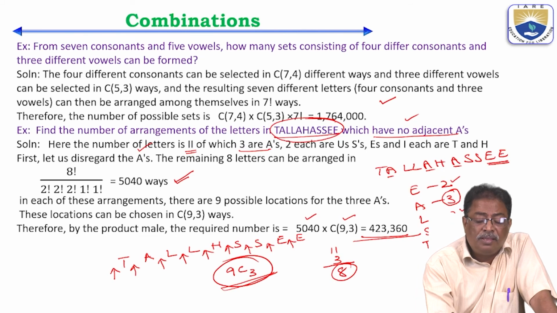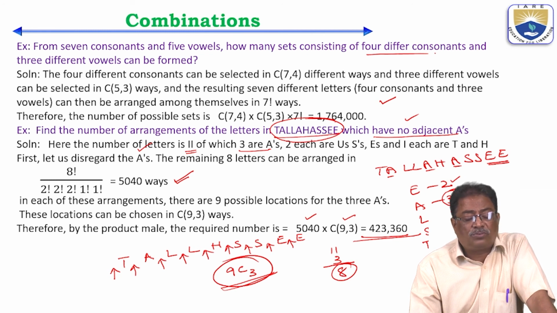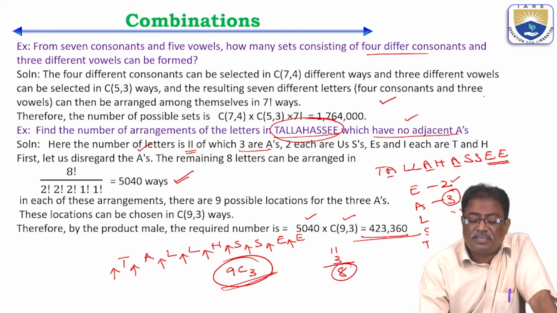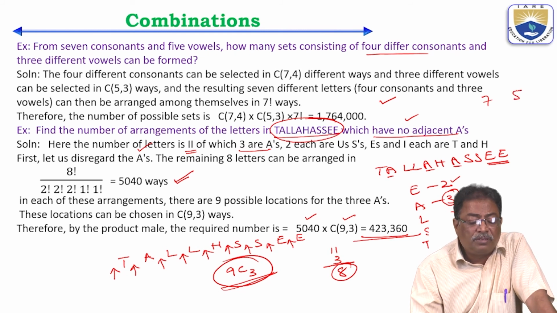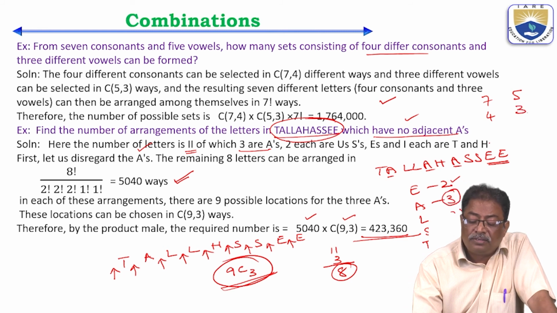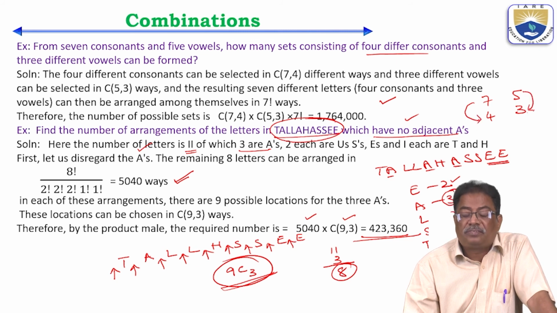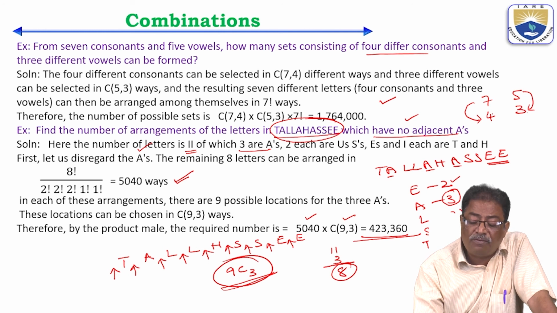Now, let us go for this. See here, from 7 consonants and 5 vowels, how many sets consisting of 4 different consonants and 3 different vowels am I going to form? So here it is 7C4 and next 5C3, 7C4, 5C3 ways.